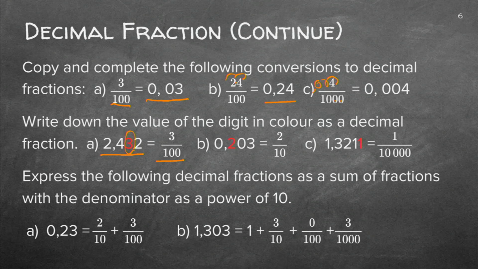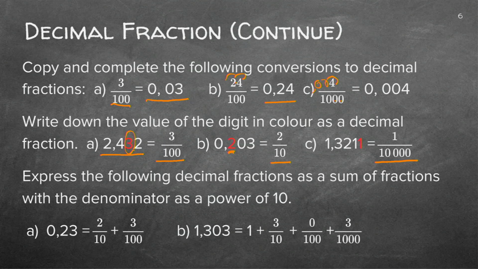If they ask us about the 2, that's 1 decimal place, so that is 2 over 10. And then in 1,3211, the last 1 is going to be 1 over 10,000.